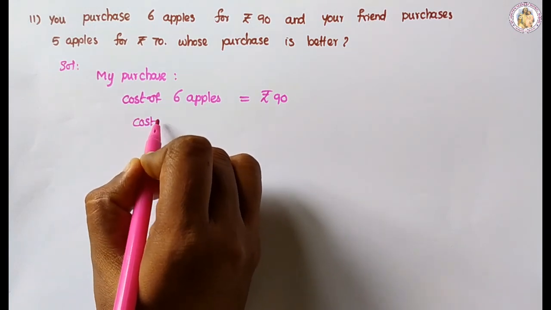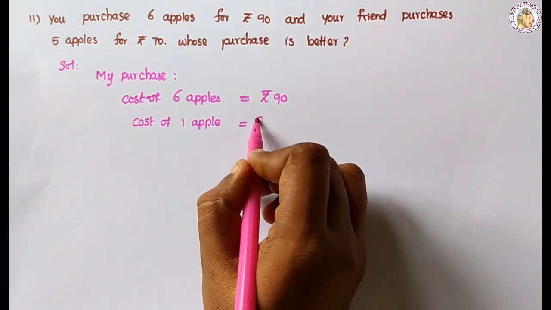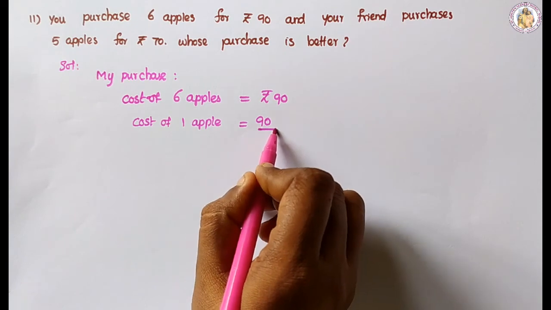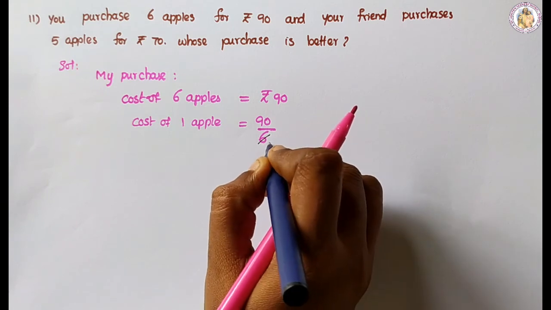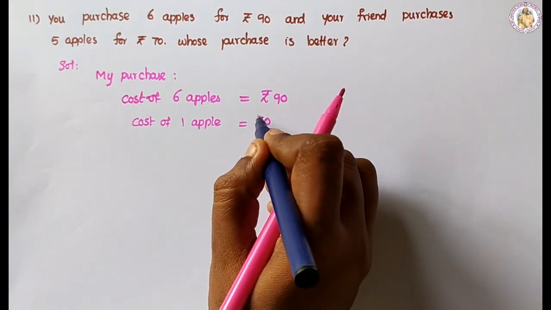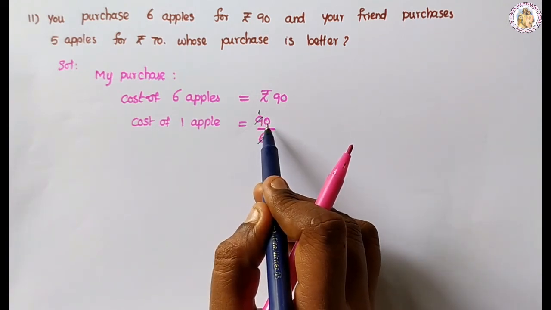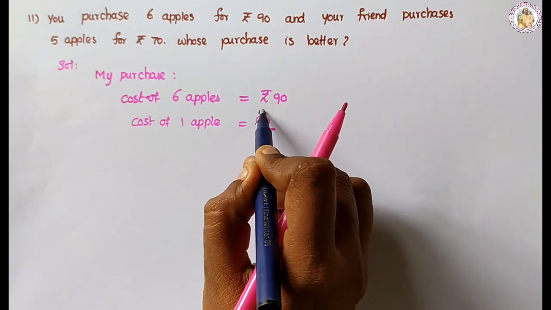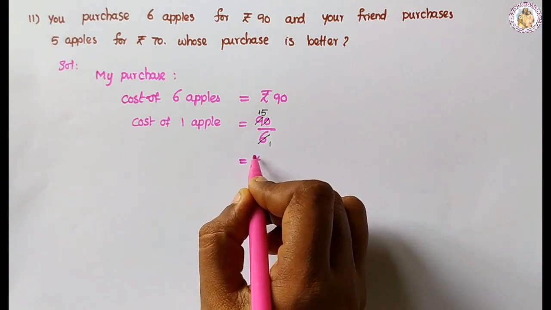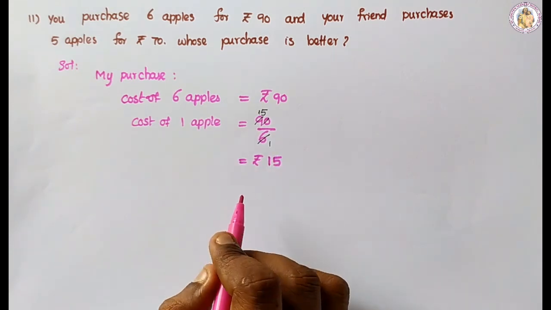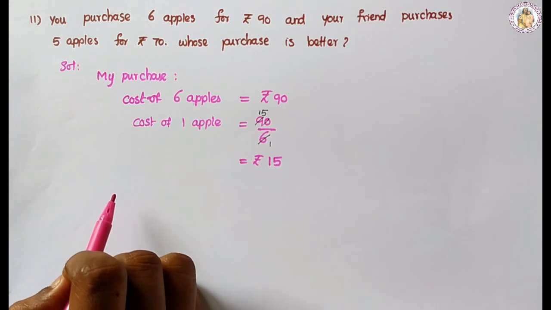So cost of 1 apple equal to 90 divided by 6. Cancel this. 1 6 is 6. Here 1 6 is 6. Balance 3. It becomes 30. So 5 6s are 30. So 15 rupees. 15 rupees per 1 apple in my purchase.